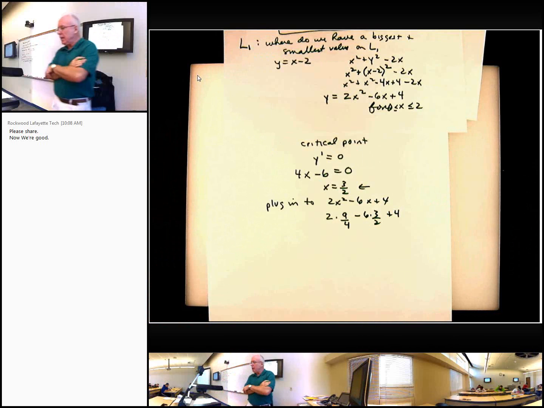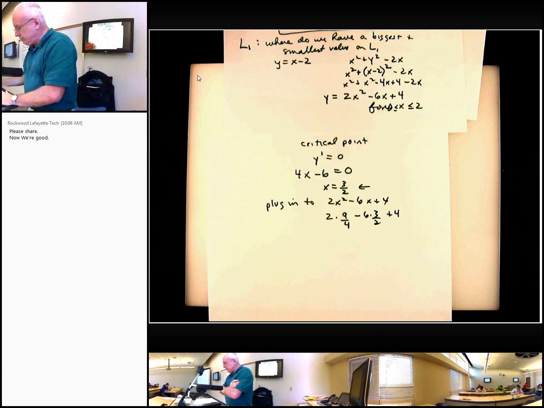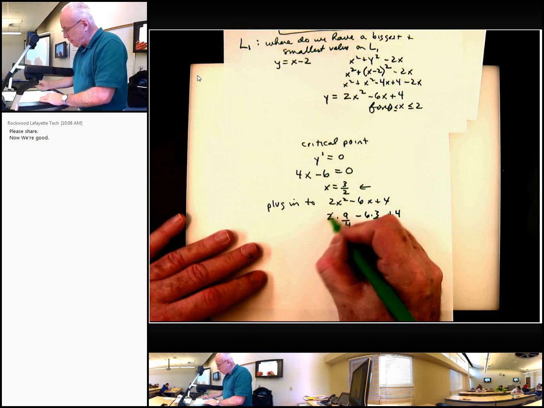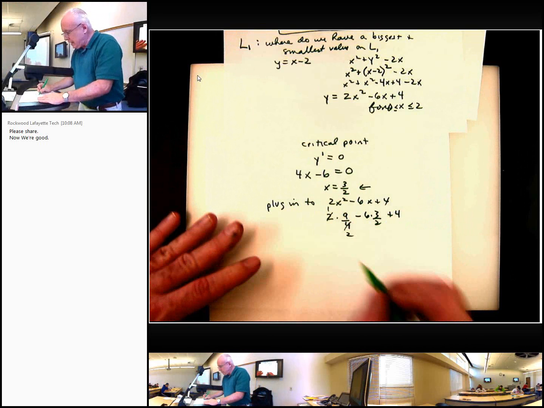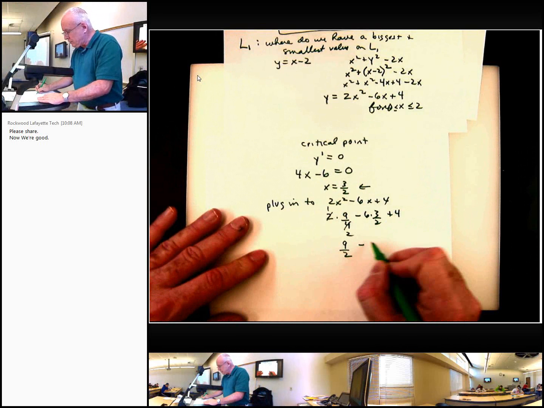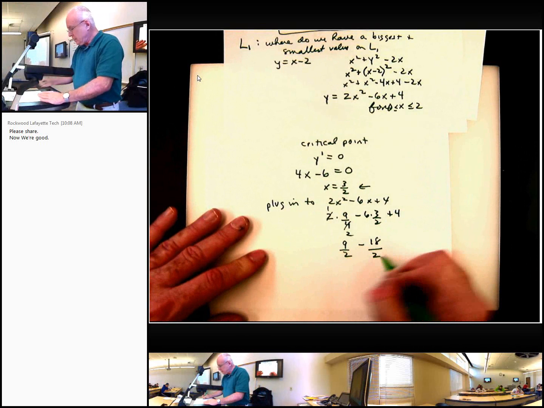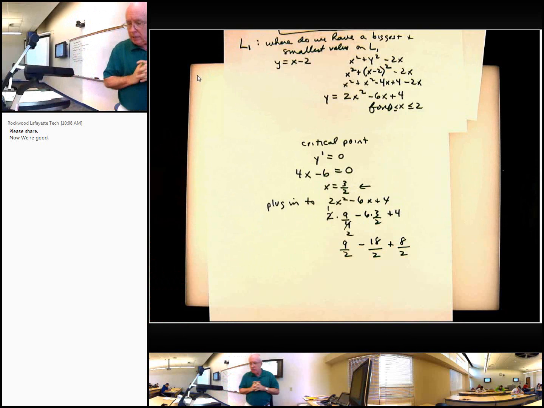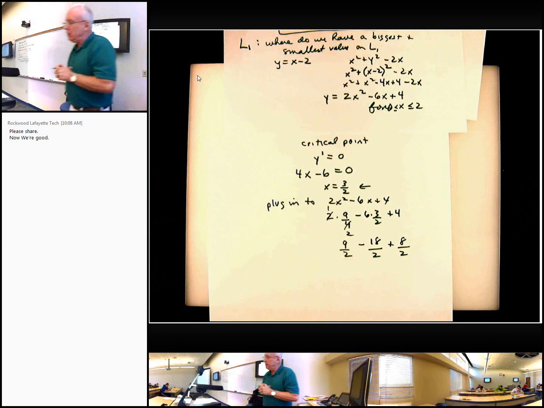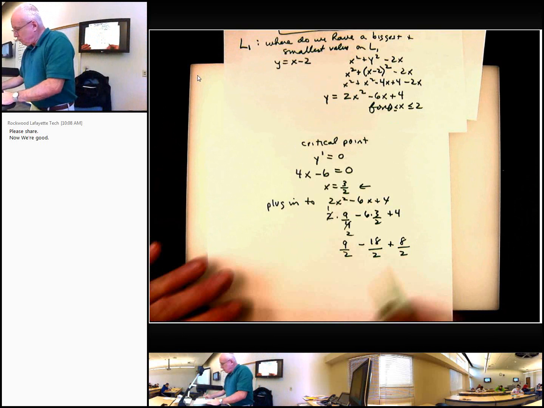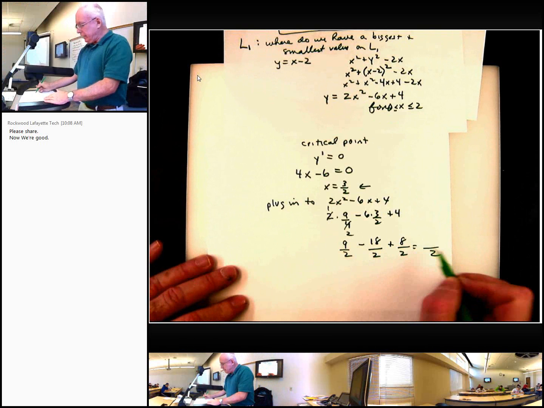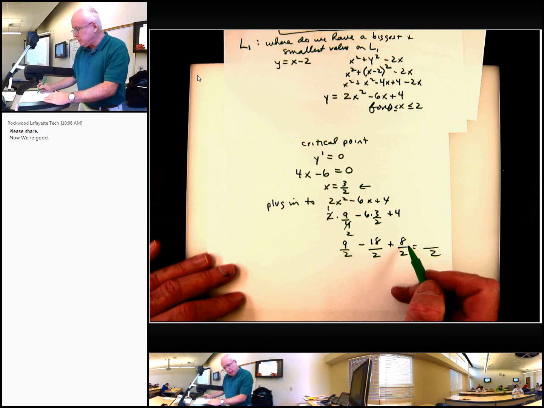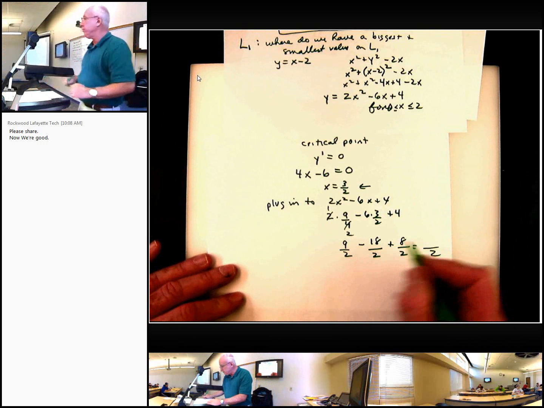Actually, right here, 2 into 4 goes twice. So I have 9/2 minus 6 3s are 18/2, and then 4 is 8/2. So all over 2, 9 and 8 is 17, and 17 minus 18 is minus 1.